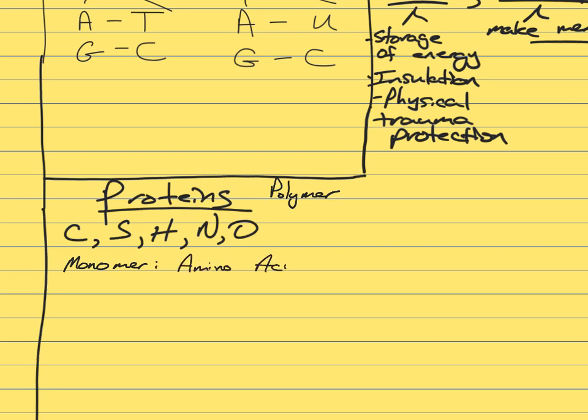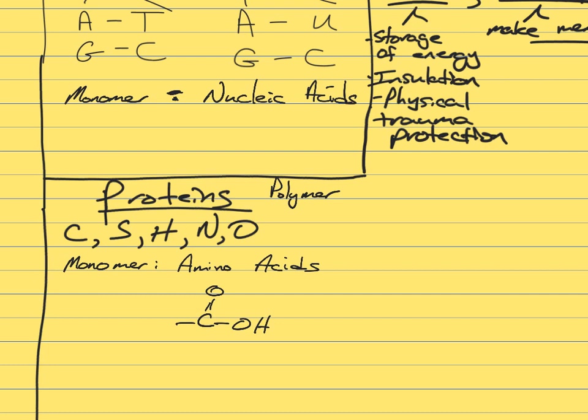Who remembers what the structure of amino acids are? The shape is correct. C double bond O OH, the carboxyl group, that's on one end. It's connected to what?